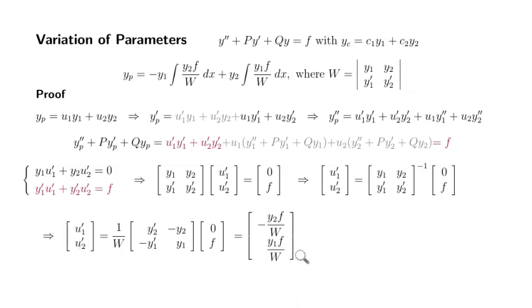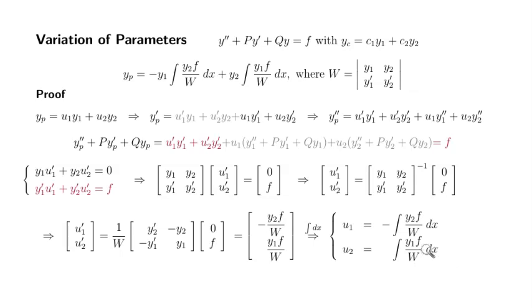But we're looking for u1 and u2, so all you have to do is integrate those. So put the integral sign here. We found u1 to be negative the integral of y2 times f over the Wronskian with respect to x, and u2 came out to be the integral of y1 times f over the Wronskian with respect to x.